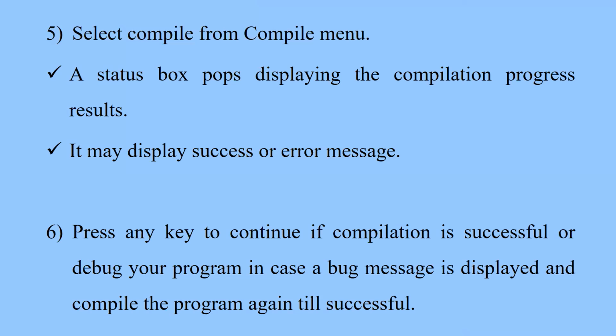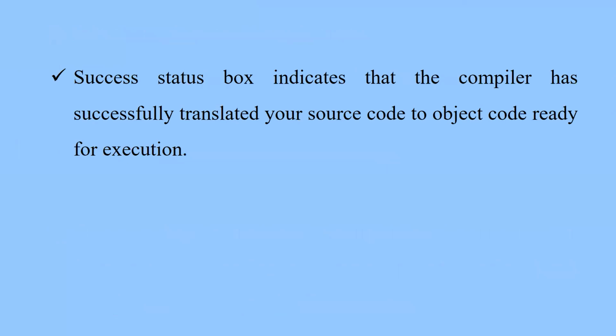Number 6, press any key to continue if compilation is successful, or debug your program in case a bug message is displayed, and compile the program again until it is successful. A success status box indicates that the compiler has successfully translated your source code to object code ready for execution.